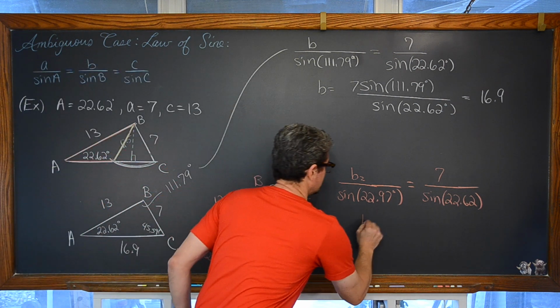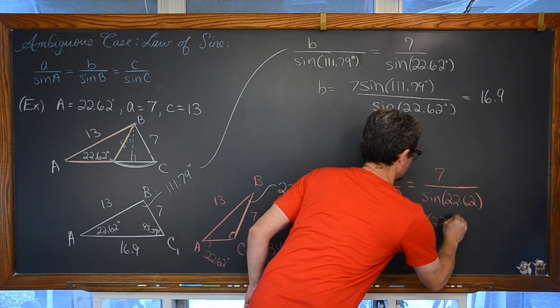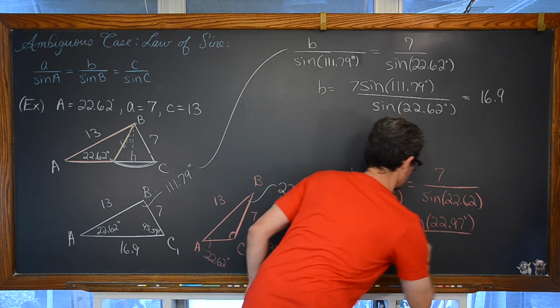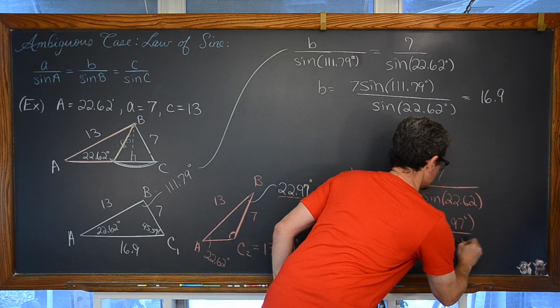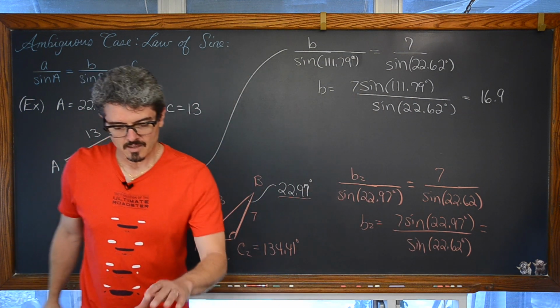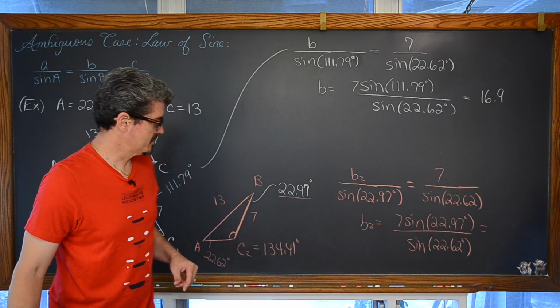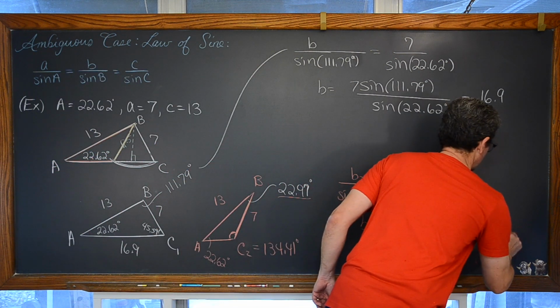So b sub 2 is 7 times the sine of 22.97 degrees over the sine of 22.62. Look how close these angles are. That's why you don't want to round off too much. And b sub 2 comes out to be 7.1 units.